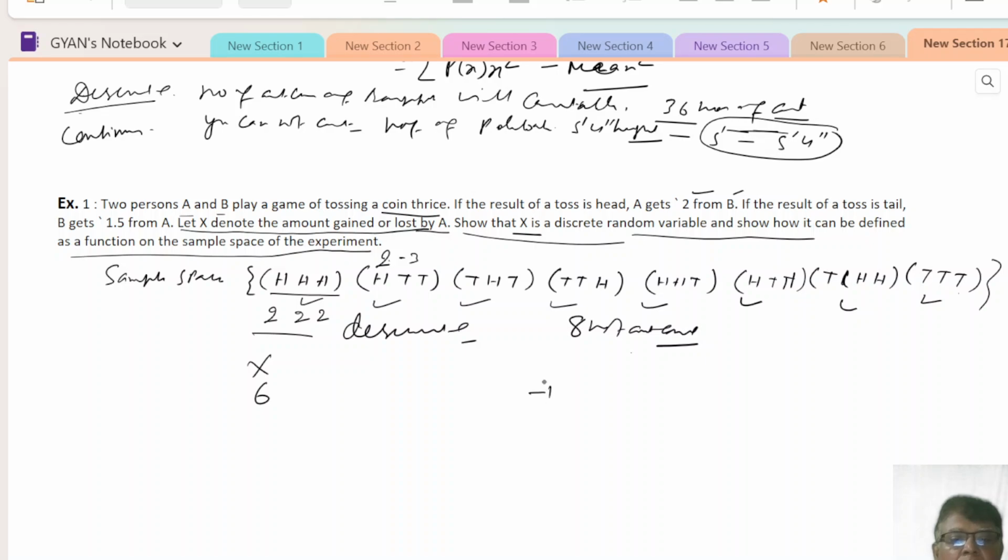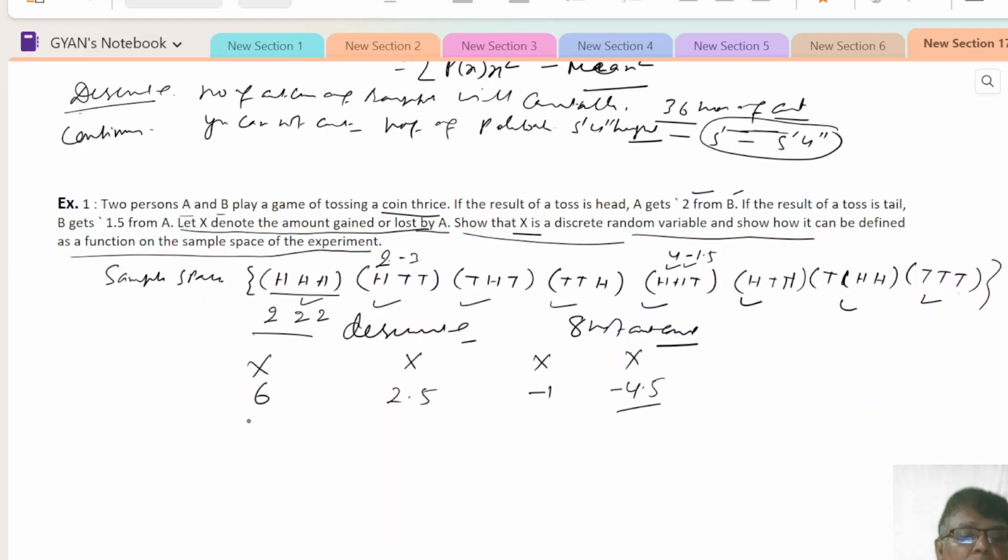So one X is minus 1. Another X is, he is getting 2 heads, 2 heads means 4, and he will lose 1.5. That means another X is 2.5. Or here, with 3 tails, he will lose, minus 4.5.